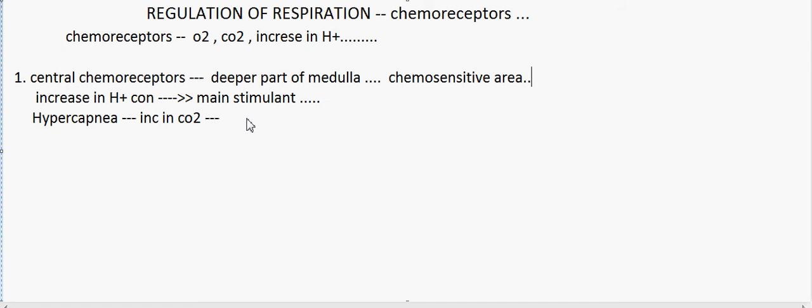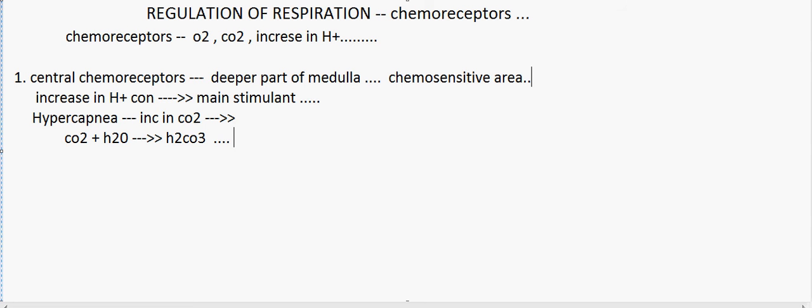When there is increase in the carbon dioxide level, the CO2 tends to mix with the water, and this produces the formation of carbonic acid, H2CO3.